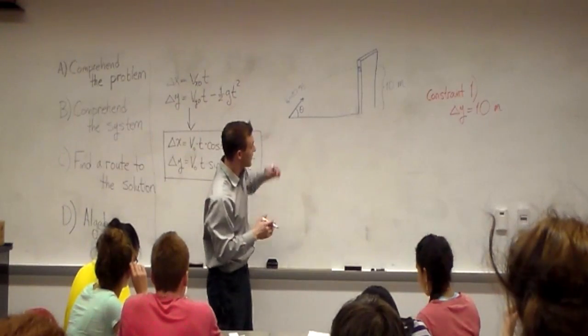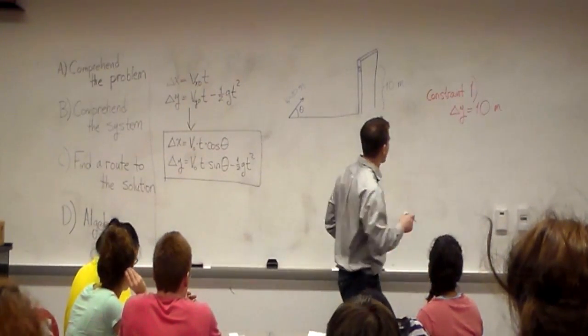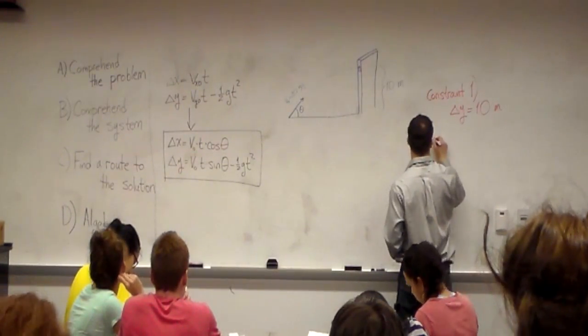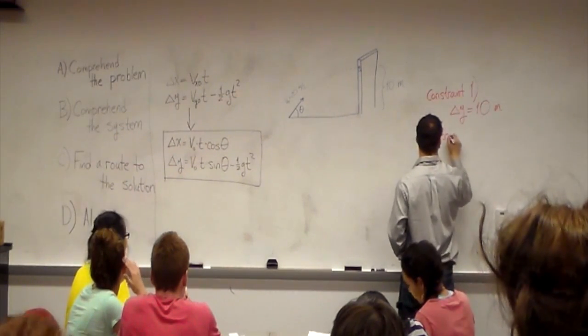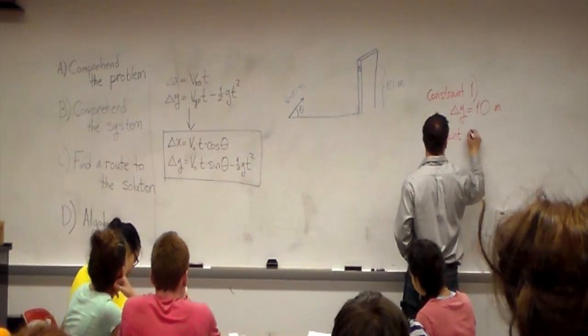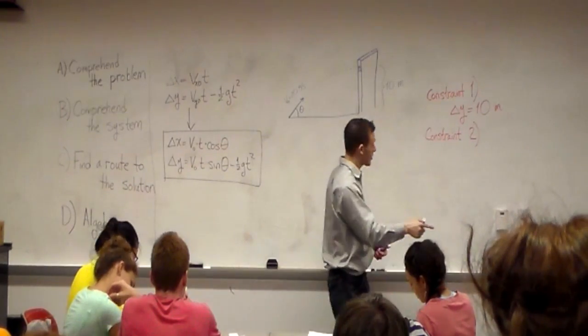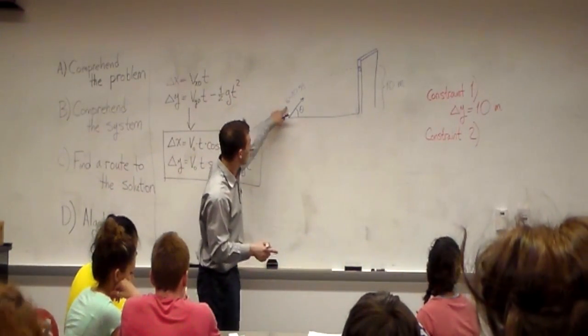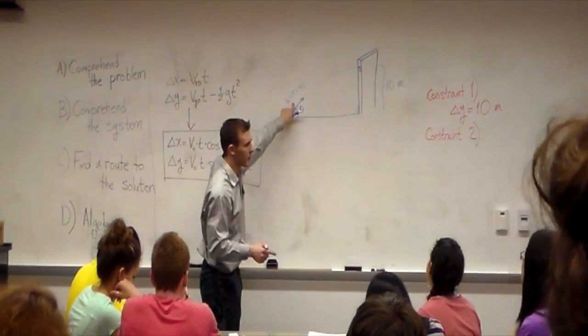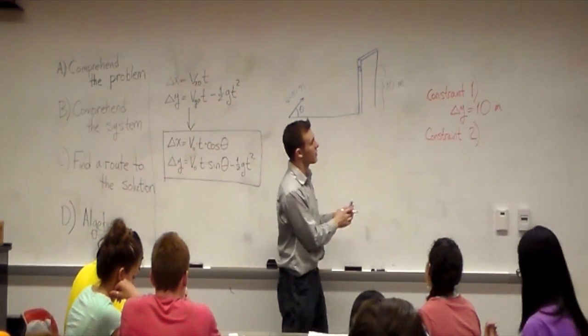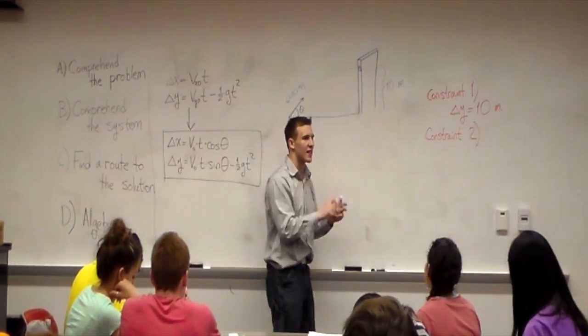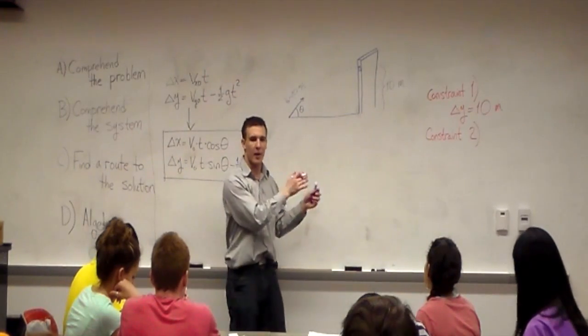Delta y has to equal 10. And what's my second, constraint 2? Yes, that's true, I'm going to leave that just as is here. What I mean by constraints are solution conditions, the conditions on my answer.